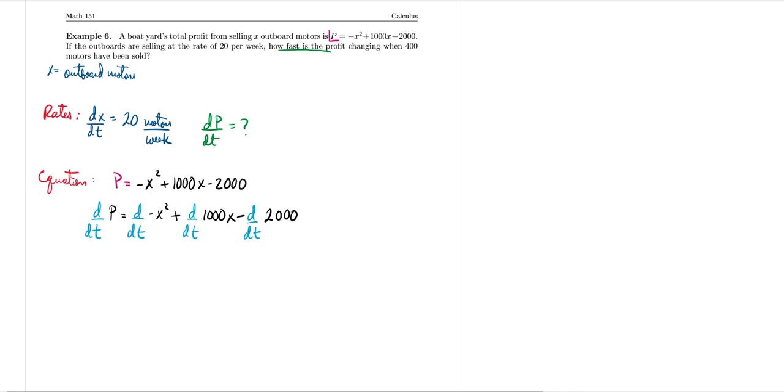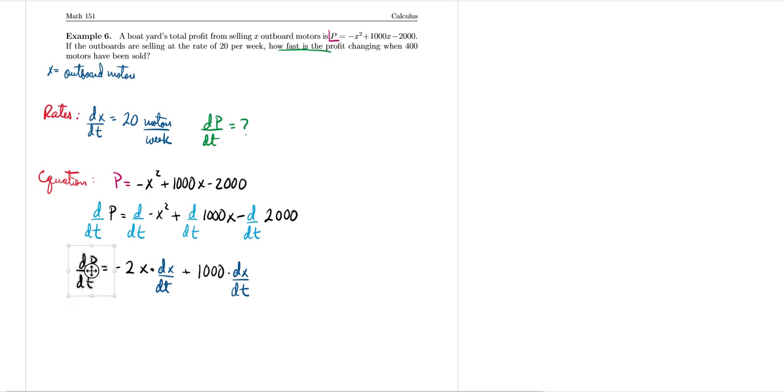We have dP/dt equals negative 2x times dx/dt, plus 1,000 times the derivative of x with respect to time, so times dx/dt, minus, well, the derivative of 2,000 is 0, so it stays like this.